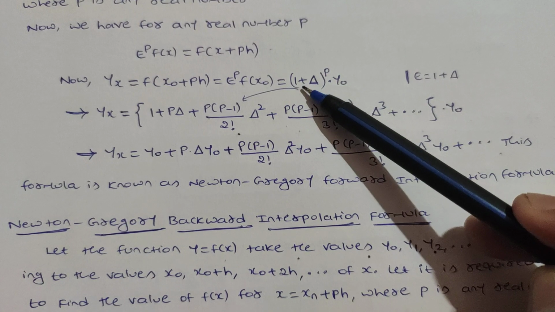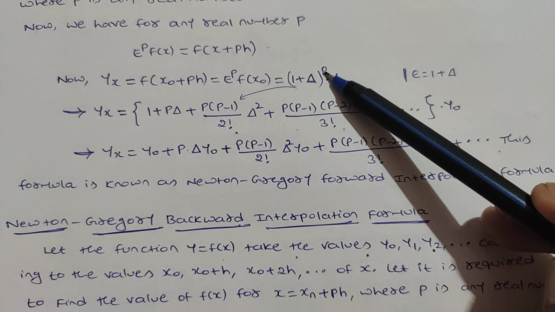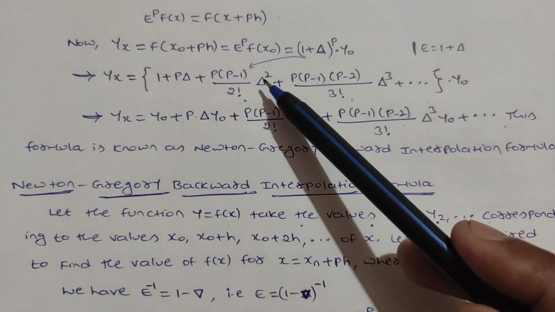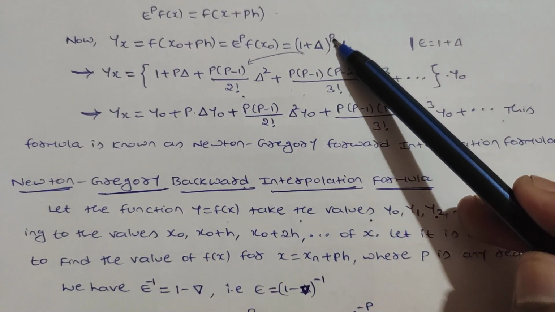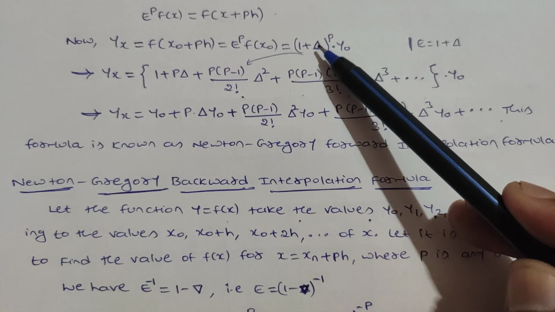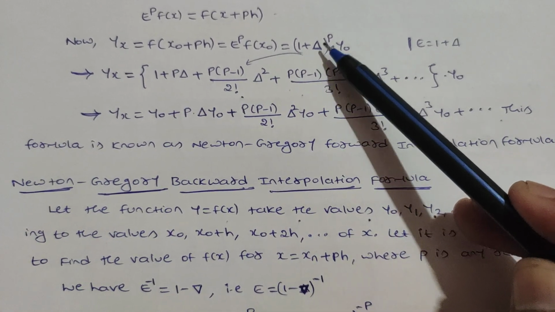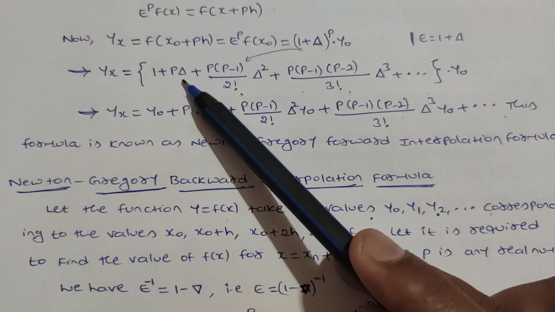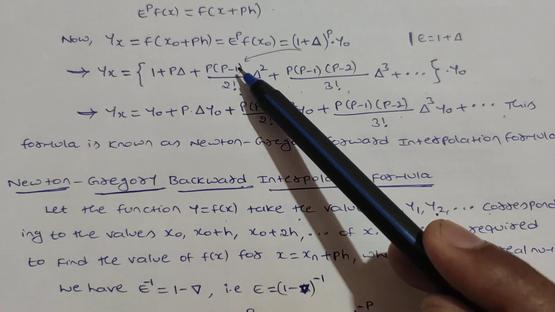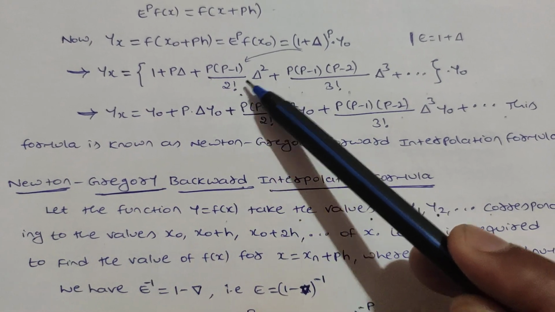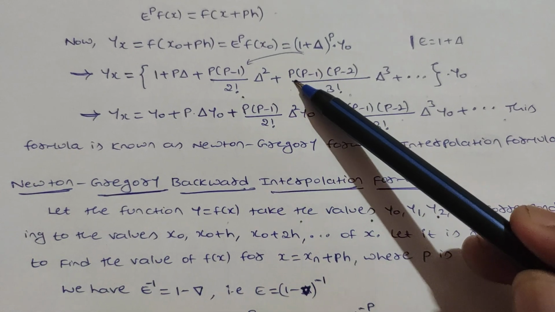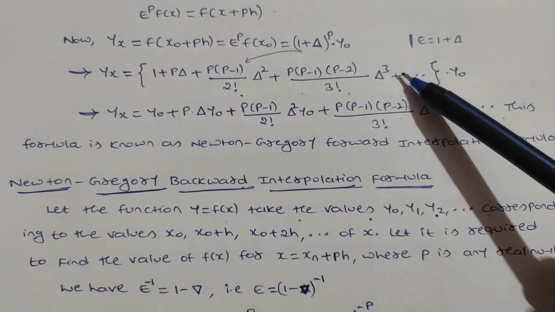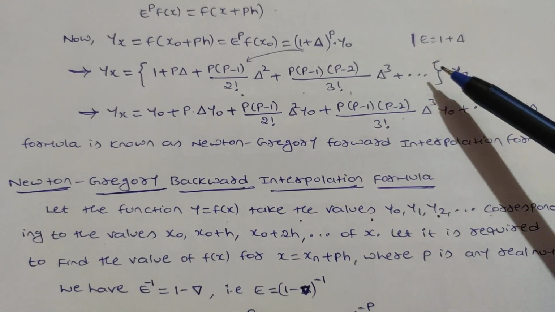So, expanding the term 1 plus delta to the power p and multiplying by y0: it is in the form of a binomial expansion. So we write 1 plus p into delta plus p into p minus 1 divided by 2 factorial into delta square plus p into p minus 1 into p minus 2 divided by 3 factorial into delta cube plus etc., into y0.